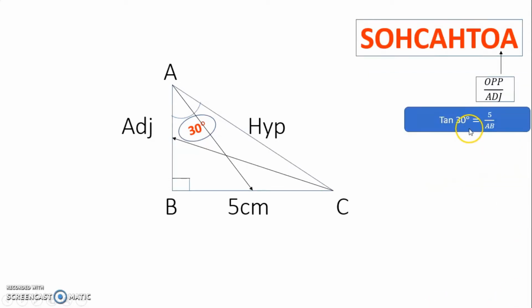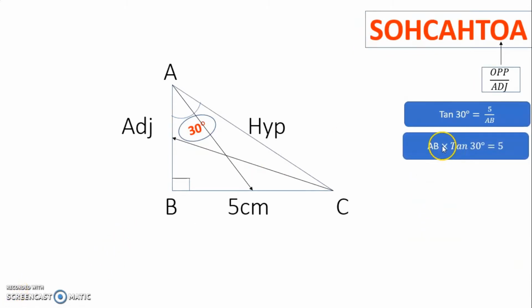By cross multiplying, we have tan 30 degrees times AB is equal to 5. Remember, we are looking for AB, so we make AB the subject of the formula by dividing both sides by tan 30 degrees.